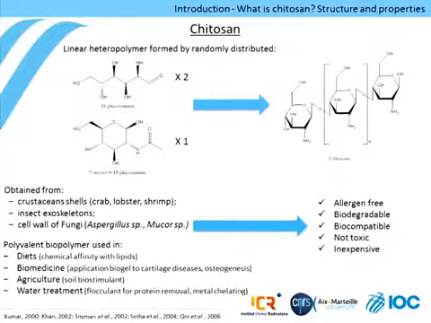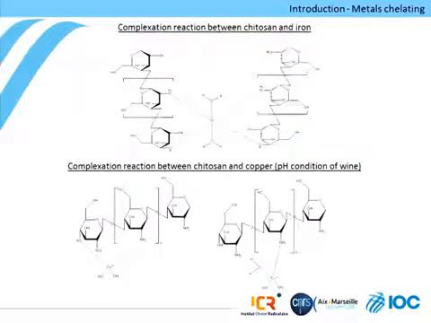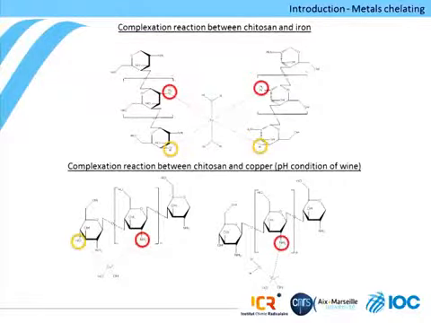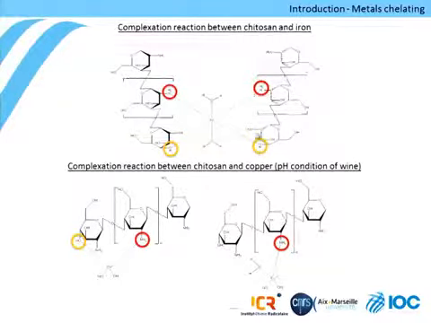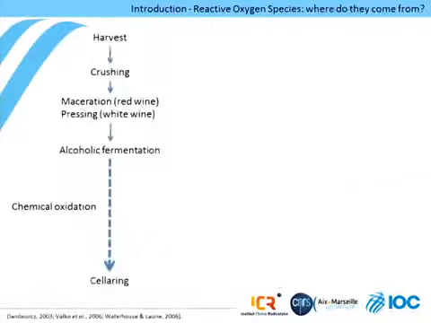And it is also used for water treatment because it helps in removing proteins, and it has also been used due to its chelating properties. As I said, chitosan is capable of having a complexation reaction with several metals, especially iron. Here we have the amine groups that we find in red, and we have the hydroxylic group, which is in yellow, with different pHs which can be produced differently.